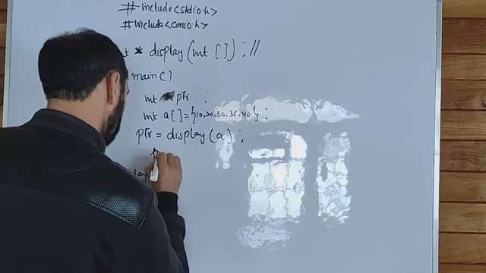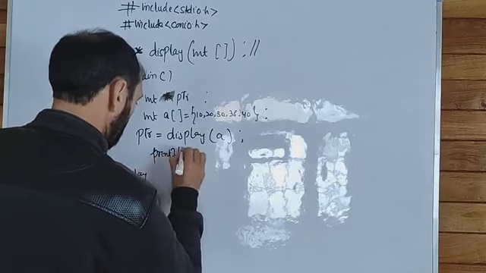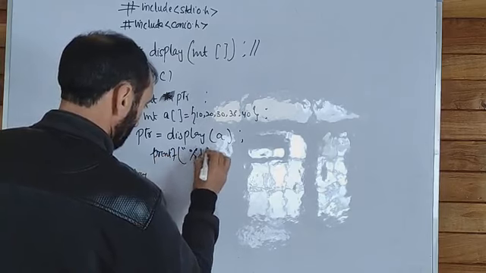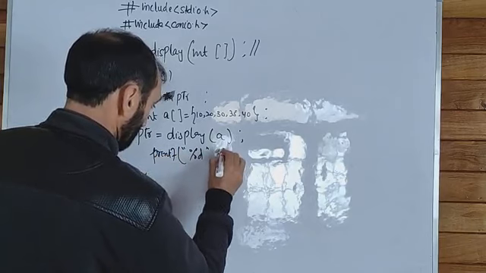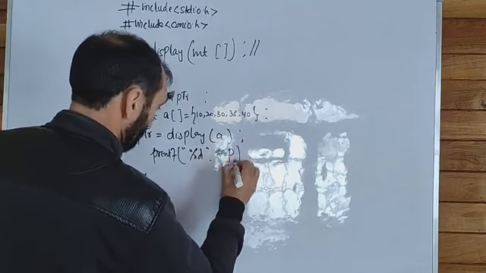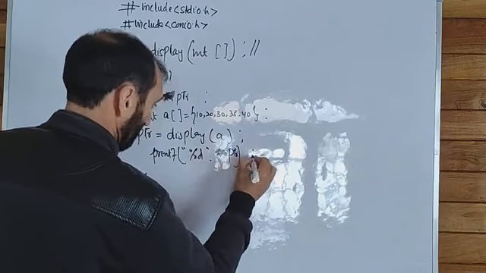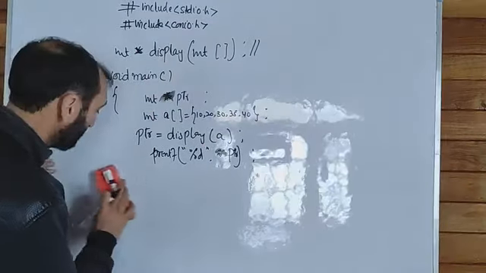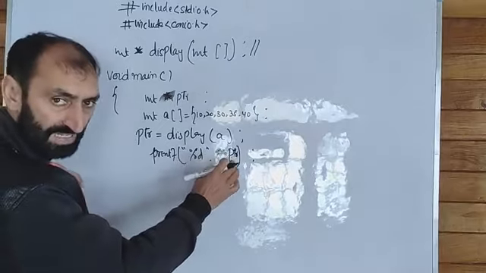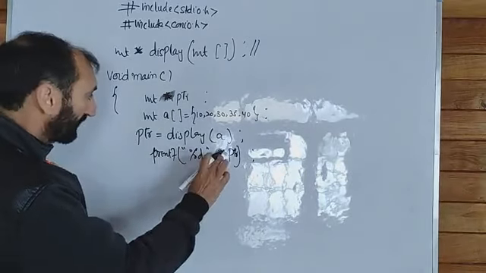And after that, printf %d, and here I am using the indirection operator. It is not a pointer here.